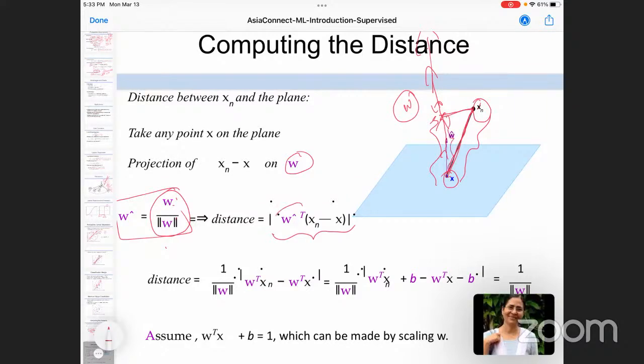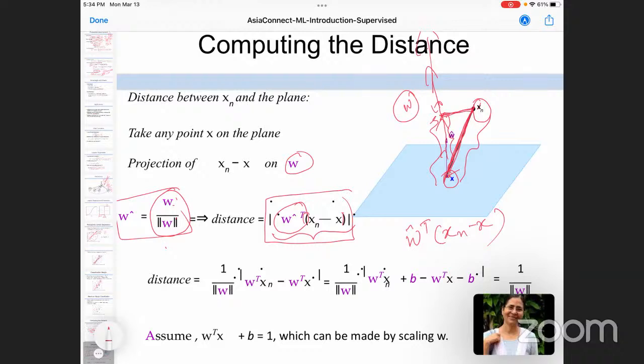That's why it is W hat transpose multiplied by this vector, xn minus x. This vector. I'm writing it again, W hat transpose. This is the distance, if you do the projection.